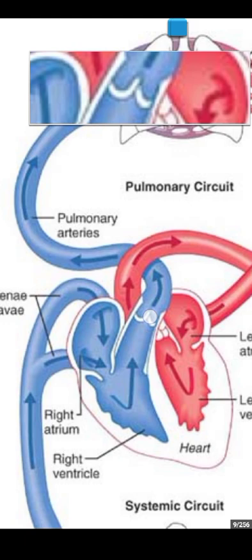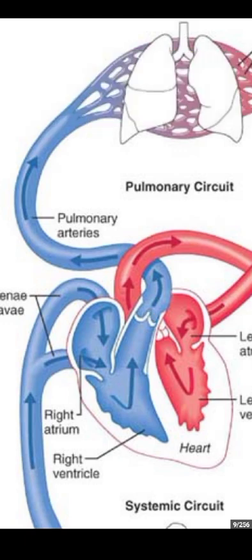What is the use of a valve? It allows only one direction of blood flow; in the opposite direction, it just closes. The blood flows into the pulmonary artery, the valve opens, it enters, and it closes.